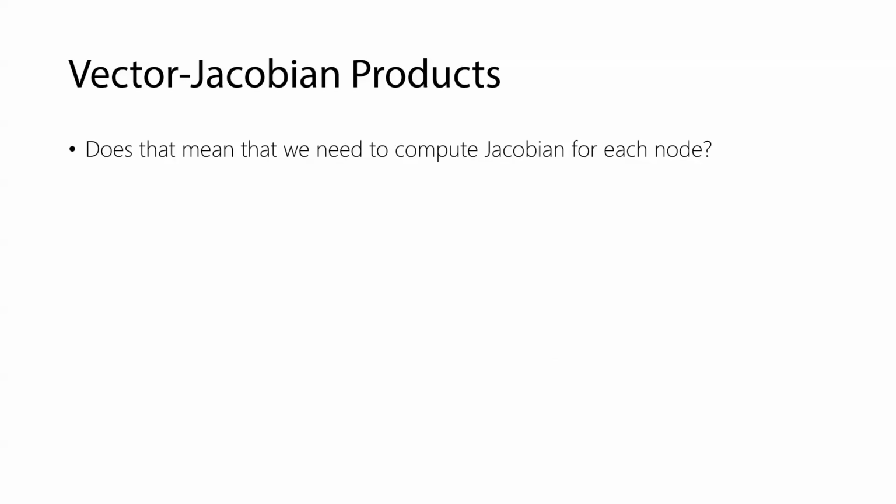Now, one of the practical considerations over here is, in case you have a vector valued function, then naive thinking will lead you to the computation of the entire Jacobian. But if you think about it, this can be problematic.